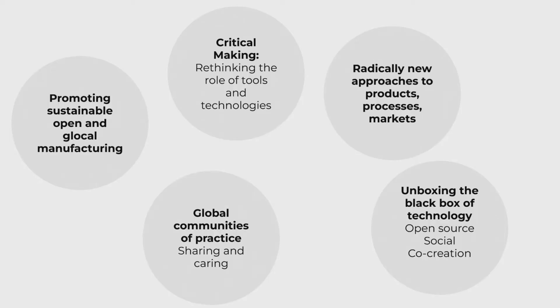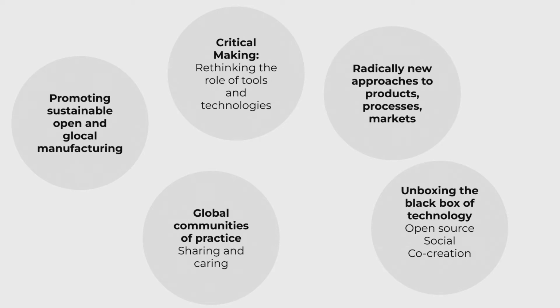So my question was how we can promote sustainable and open manufacturing, combine the locality but also the globality. How we can unbox this black box of technology by using open source practices and social innovation and co-creation.